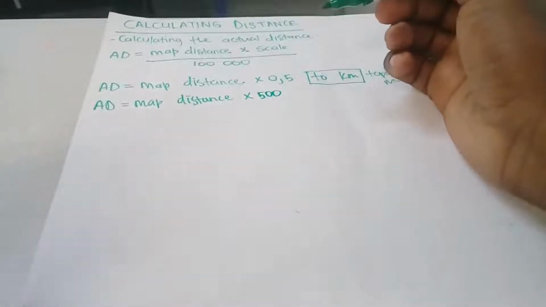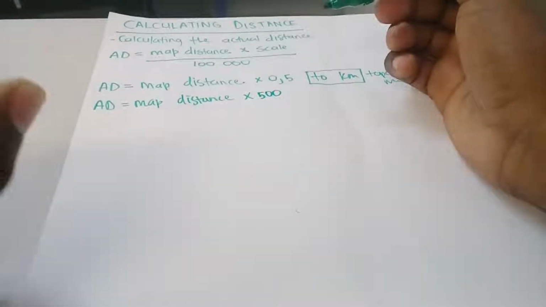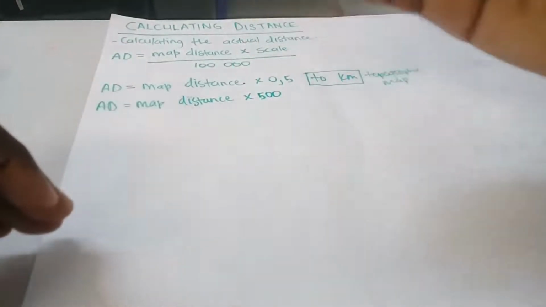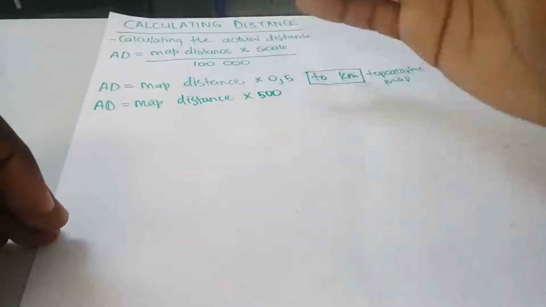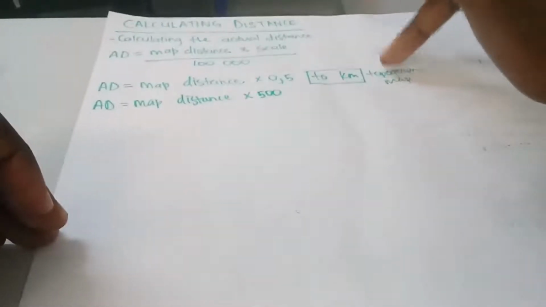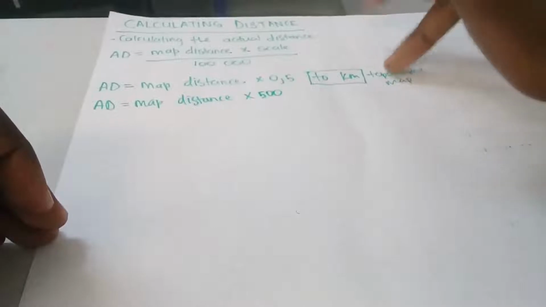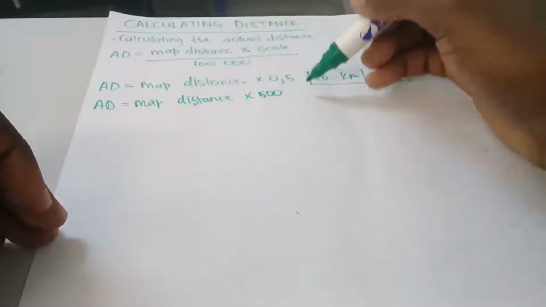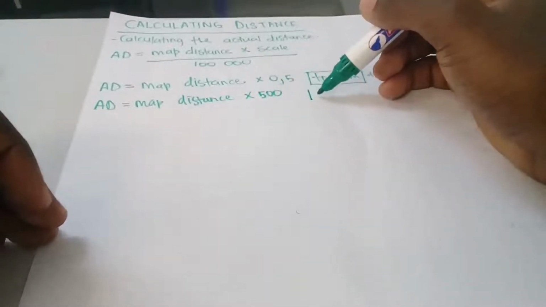No. I made a mistake. You are not using the orthophoto map. You are still using the topographic map, but you are now changing it to meters. So to change it to meters, you have to multiply your map distance by 500.